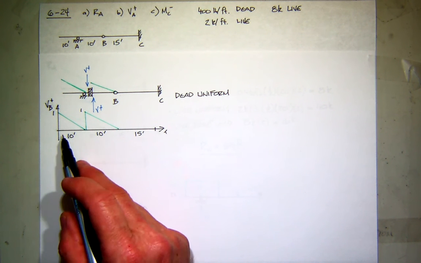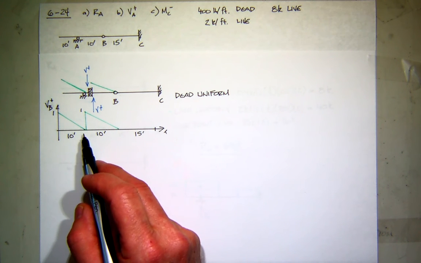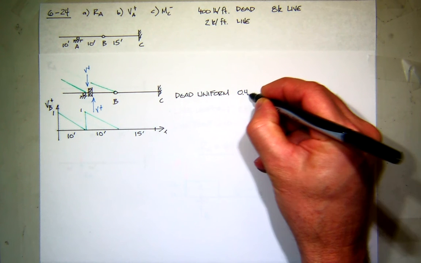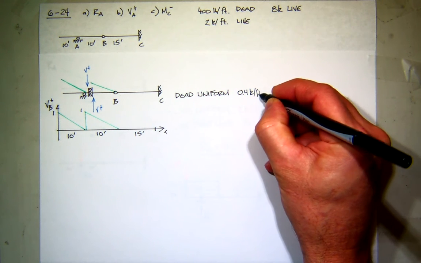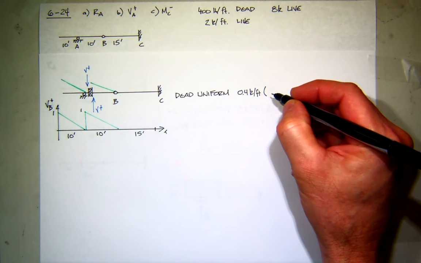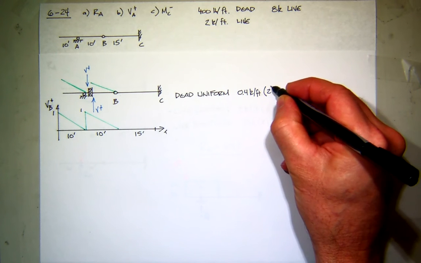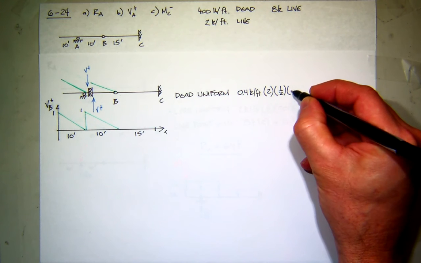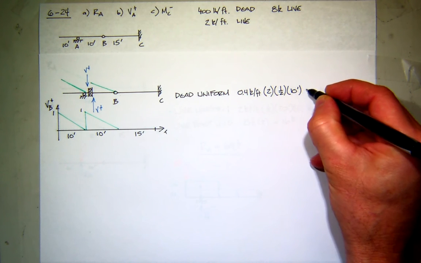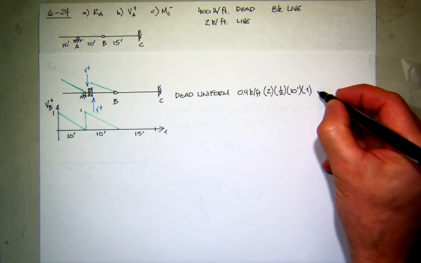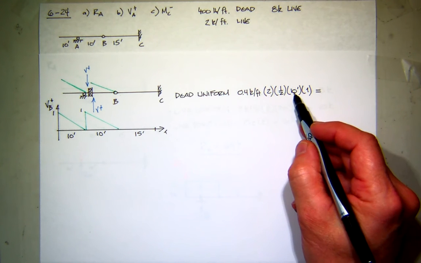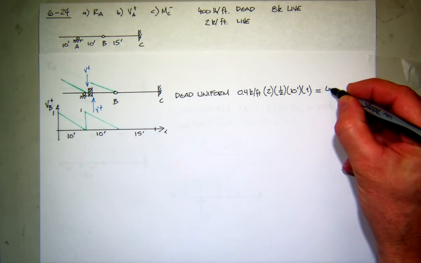They both have the same base of 10 and the same height of 1. So I'm going to start off with my 0.4 kips per foot, that's the actual dead load, and I'm going to have 2 triangles. Each triangle is 1/2 the base, 10 feet, times the height, 1. So these 2's cancel. 10 times 0.4 is just 4.